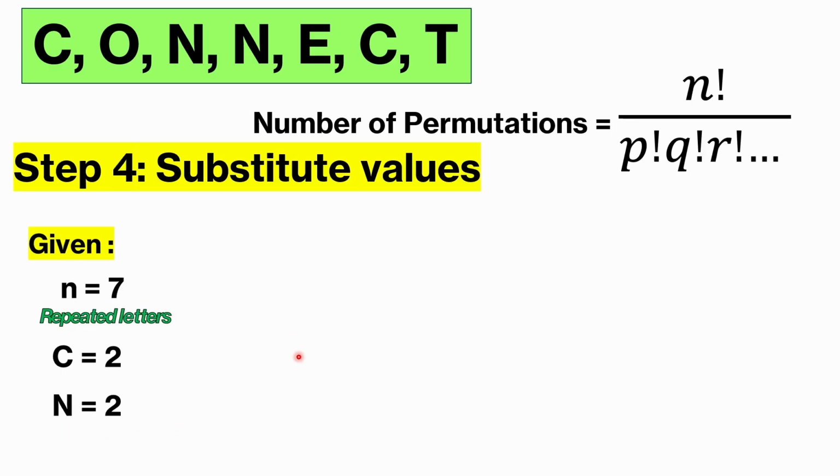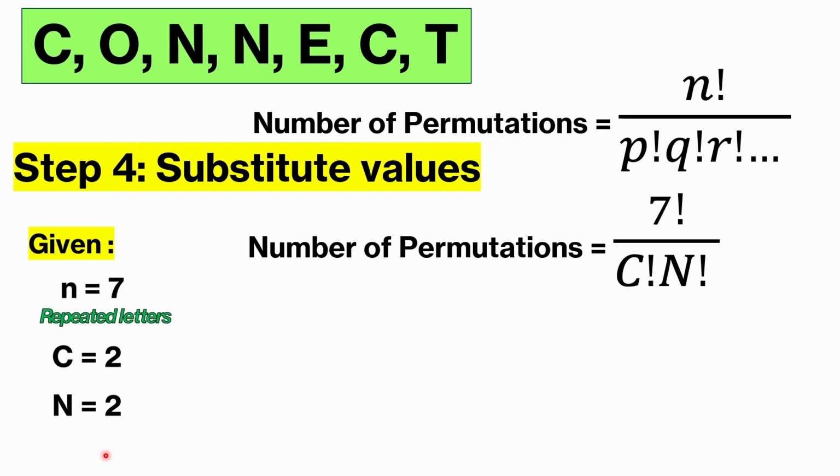And for step number 4, let's substitute the values. The value of N is 7. Therefore, we have 7 factorial. While P and Q change with the repeated letters, we have C and N. C repeats 2 times and N repeats 2 times.